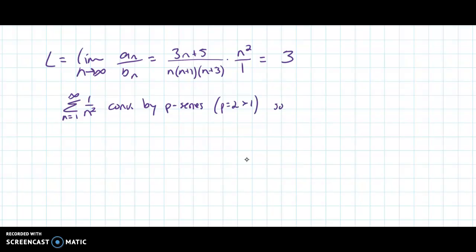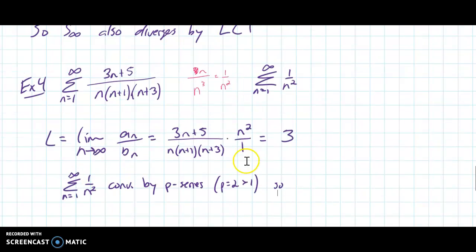Call it S sub infinity. Do that every time. S sub infinity also converges by LCT.